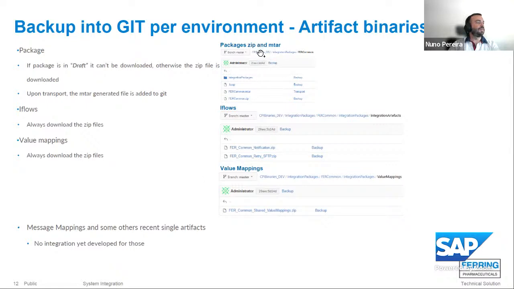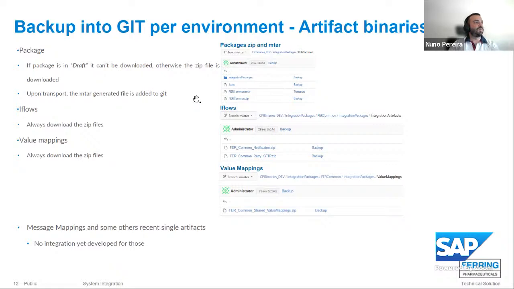Also, we create a Git repository for all the packages we have on CPI, and you can see we have that per environment. So we have 4 environments, and we run this extraction of all the available binaries on a daily basis.